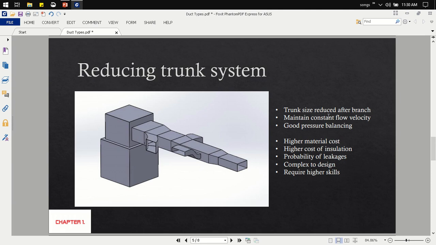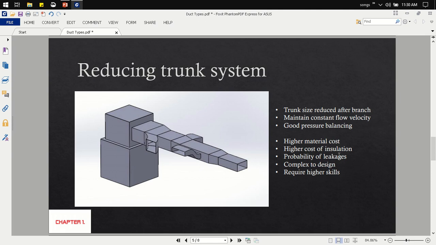With the reduction of flow rate from the branches, the reduction of cross section maintains a constant flow velocity. So it helps to keep good pressure balancing through the duct layout.